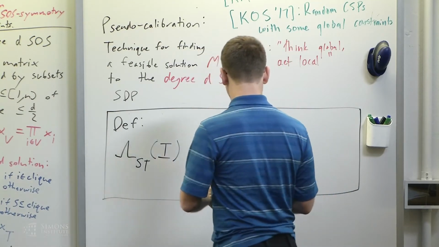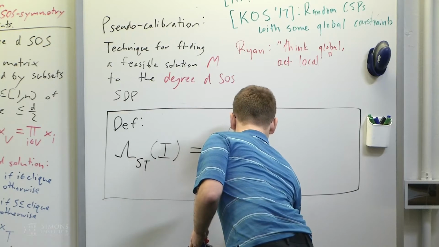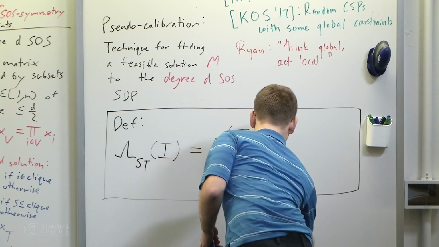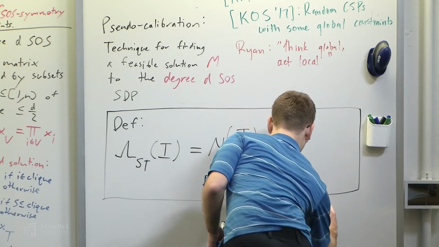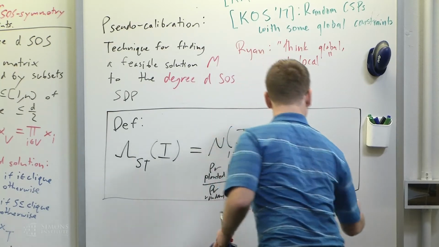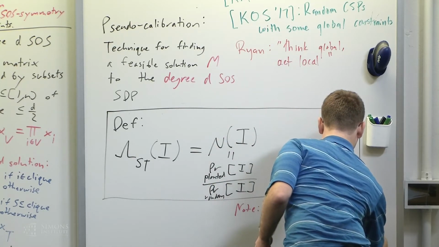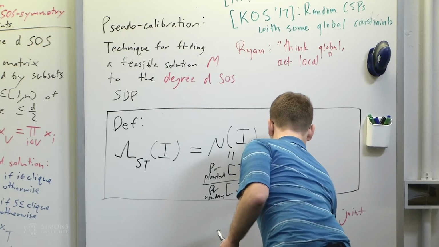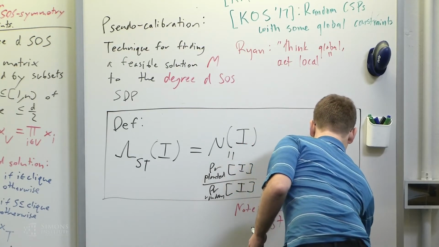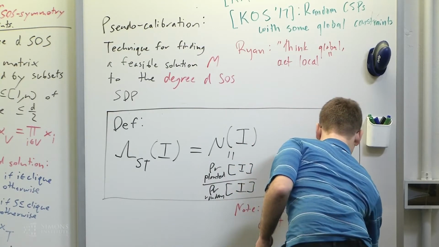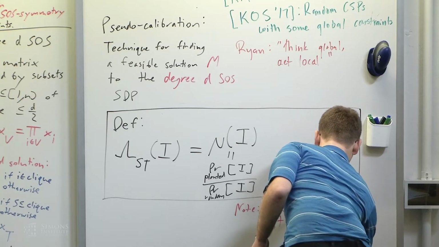And now I should have noted this earlier, but the planted distribution is actually a joint distribution on an input I and a solution x.